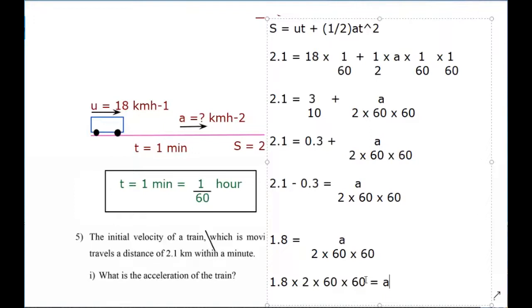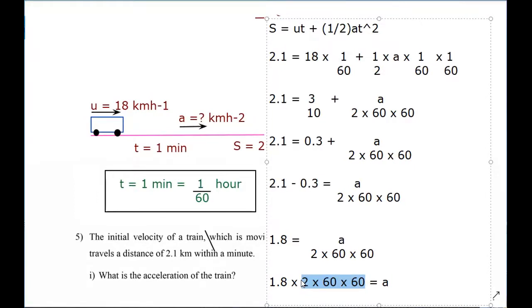There are many methods to simplify. 60 times 60, 3,600. 3,600 times 2, 7,200. 7,200 multiplied by 1.8 is 12,960.